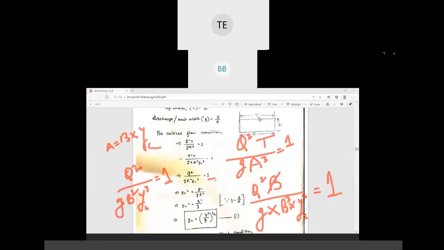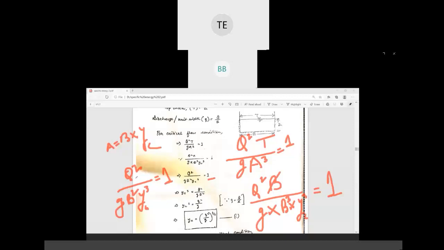As we are going to find an expression for the critical depth, we keep this YC on one side, or you can say on the left hand side, and all the other terms we will bring to the right hand side.